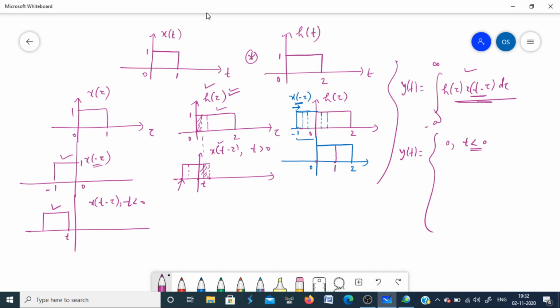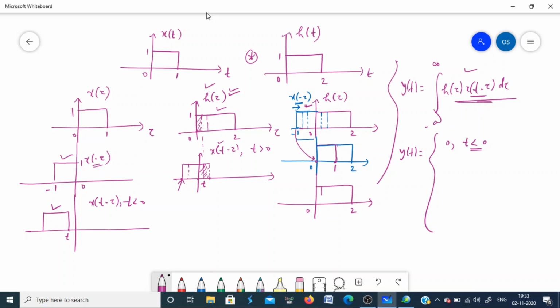When you shift this signal for any time between 0 to 1, your equation remains the same. So at t equal to 1, the left edge of this small box x of minus tau will reach t equal to 0. And for t greater than 1, what will happen? Since this is fixed, 0 to 2, at t equal to 1 this is the situation.